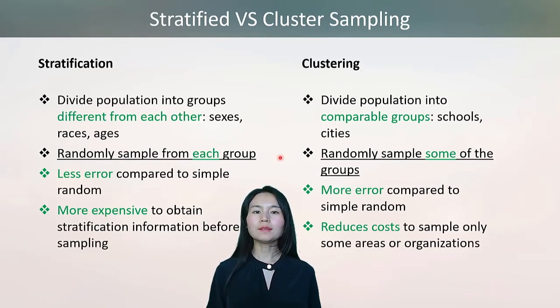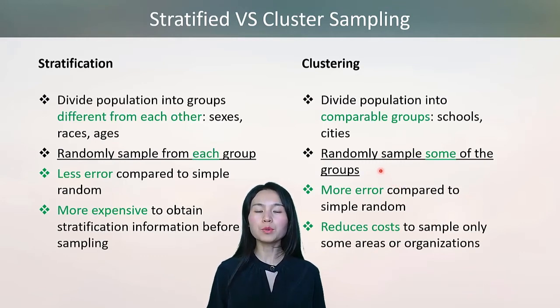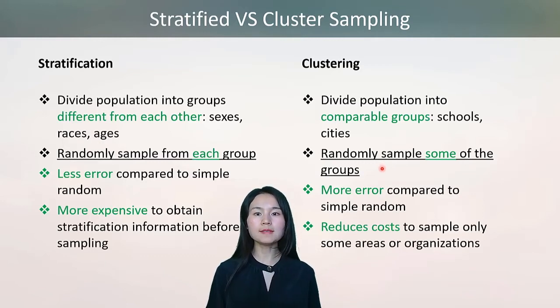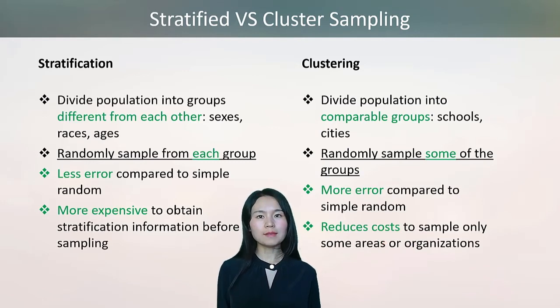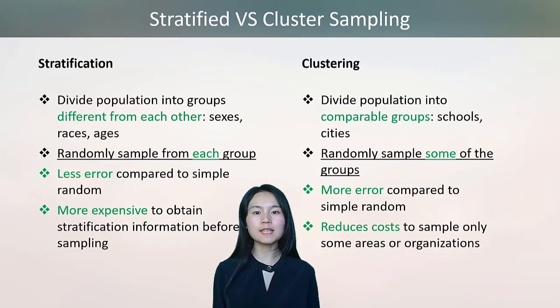In cluster sampling, you divide the population into groups and sample from those groups. Not all groups may be sampled. Since it is based on convenience, the cost is reduced, but the errors are increased. Think about this: if you are interested in the average elevation of a city, would you choose stratified or cluster samples?